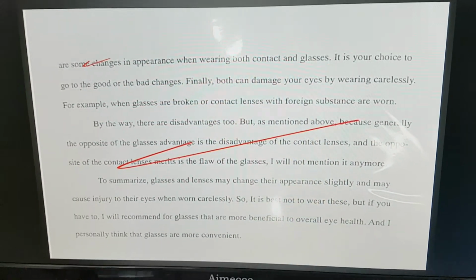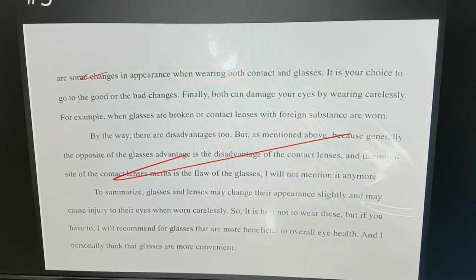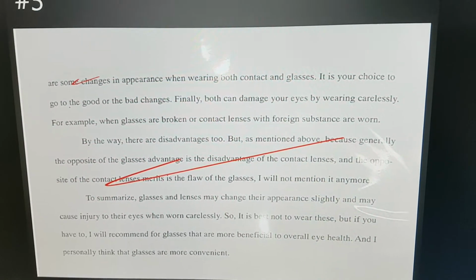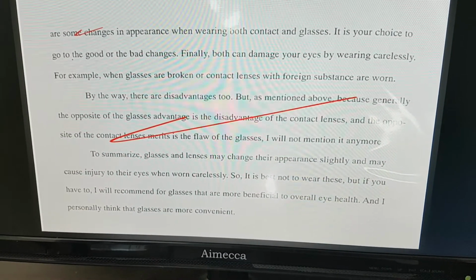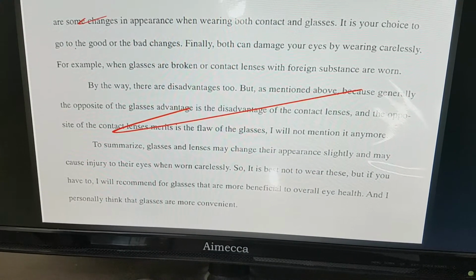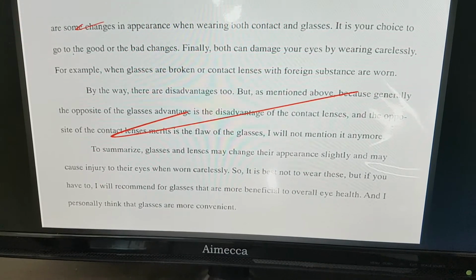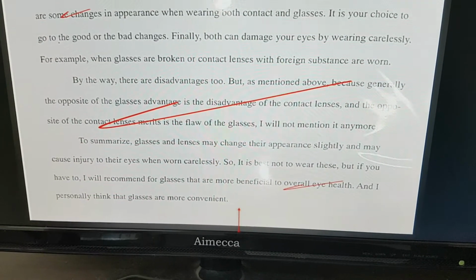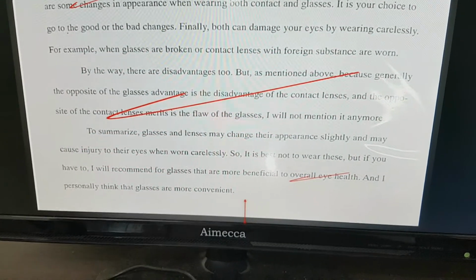In all writing, the flow is very important. In addition, the shortcomings of glasses and contact lenses are abbreviated into one paragraph. It is a ridiculous amount of information compared to the advantages. And the final essay eventually ends up being too short too.